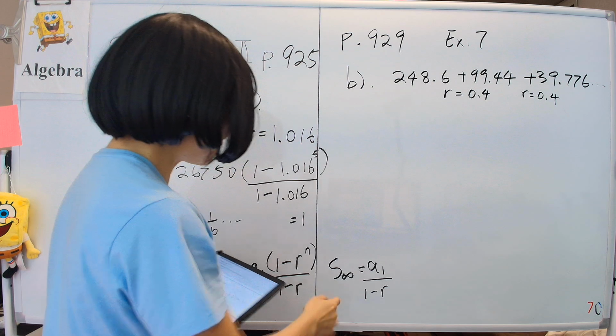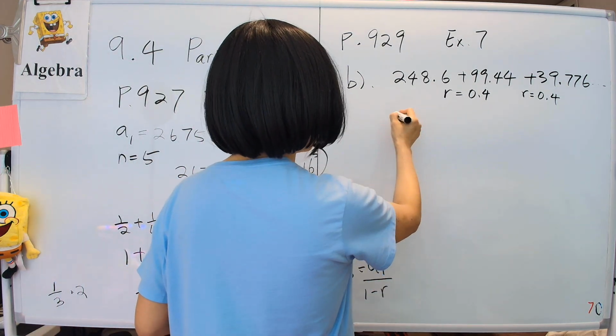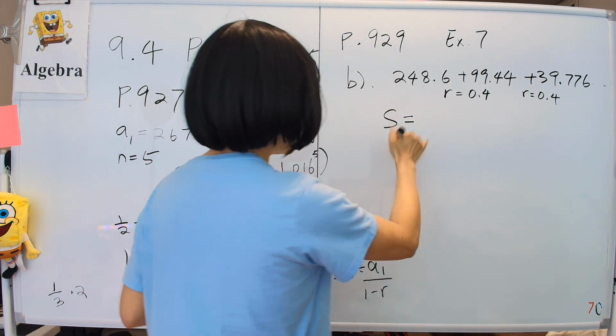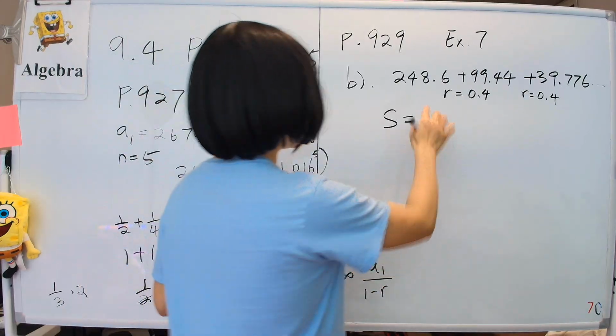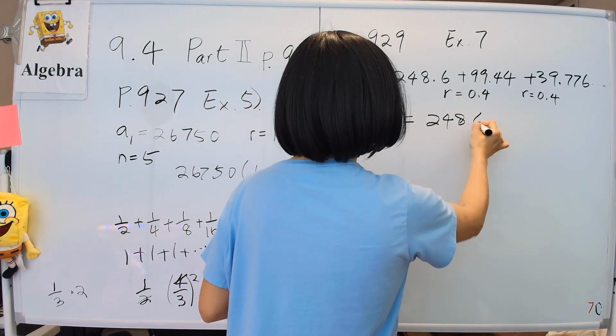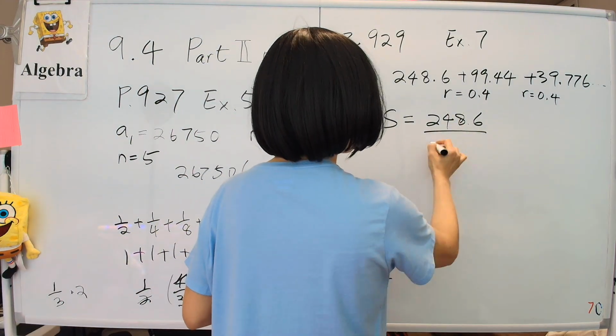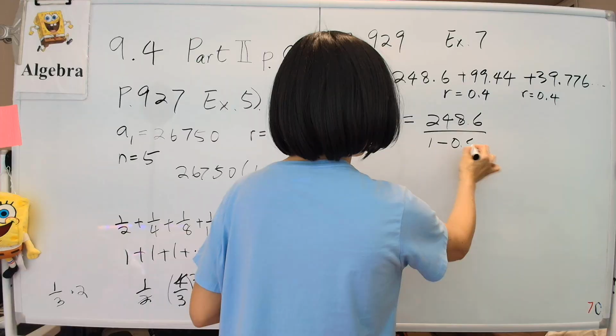Okay, so R is 0.4, so let's plug it in here. The infinite sum, we'll just write it as S, equals A1, that is 248.6, divided by 1 minus R, that's 1 minus 0.4.